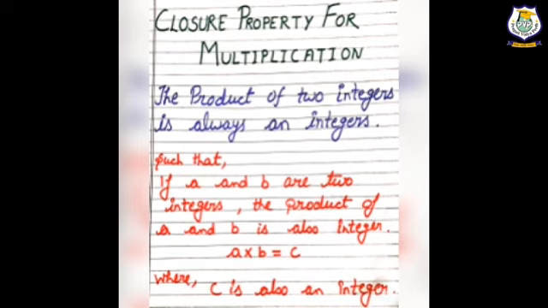Which means if we find the product of two integers, their product will also be an integer. So here c is also an integer.